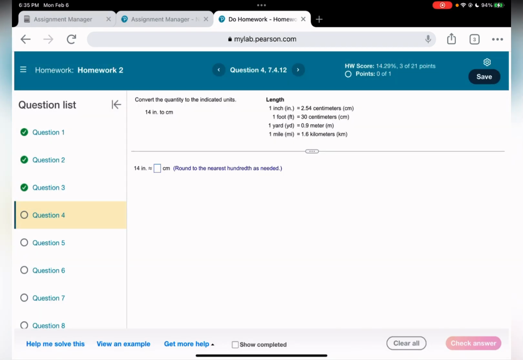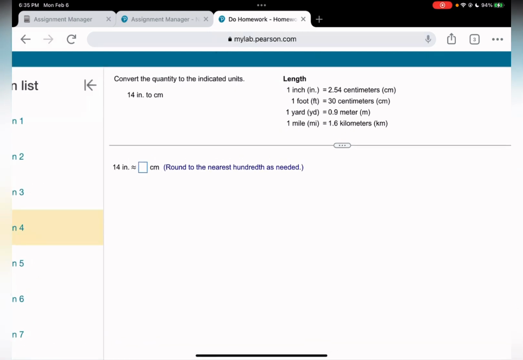Question number 4. What do we have here? We need to convert 14 inches to centimeters. So 1 inch is 2.54 centimeters, right? That means 14 inches will be 14 times 2.54.